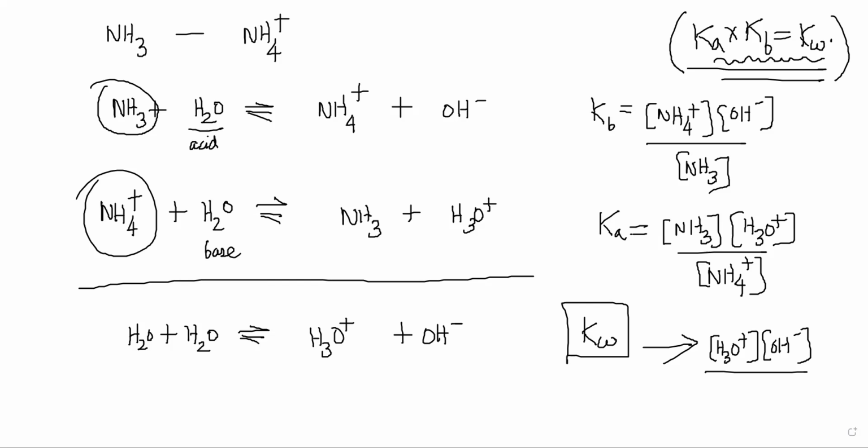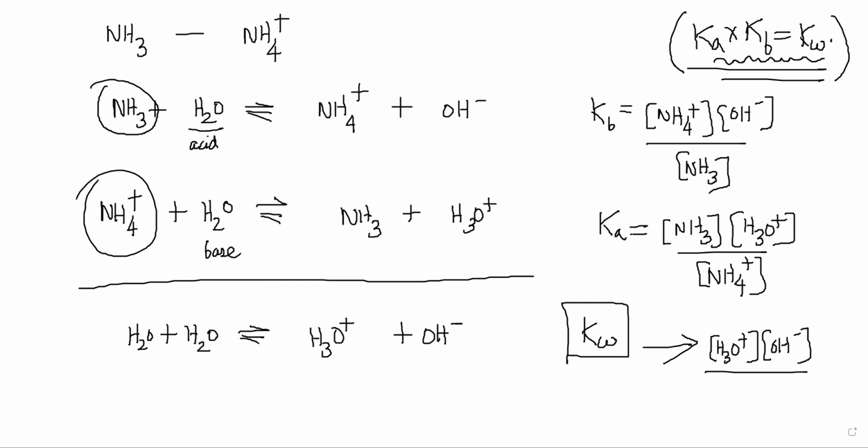Salts that yield acidic solutions. Now look at a salt like NH4Cl. Cl- is not going to do much, but NH4+ has a tendency to behave like an acid. NH4+ is going to behave like an acid, and with a weak base and a strong acid, the whole solution will become acidic.